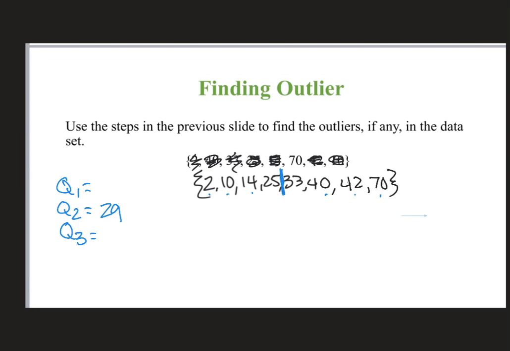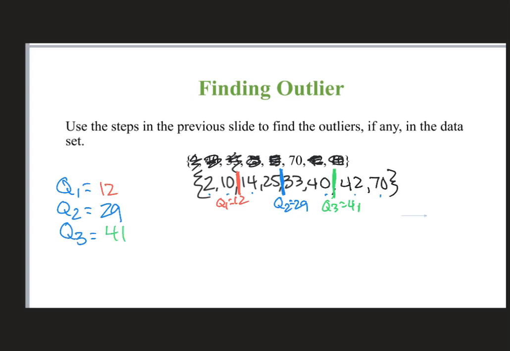That's my Q2, which is 29. Right now I need to find my Q1, which is somewhere between here. So 10 plus 14 is 24, divided by 2, which is 12, which is my Q1. And Q3 is 41.